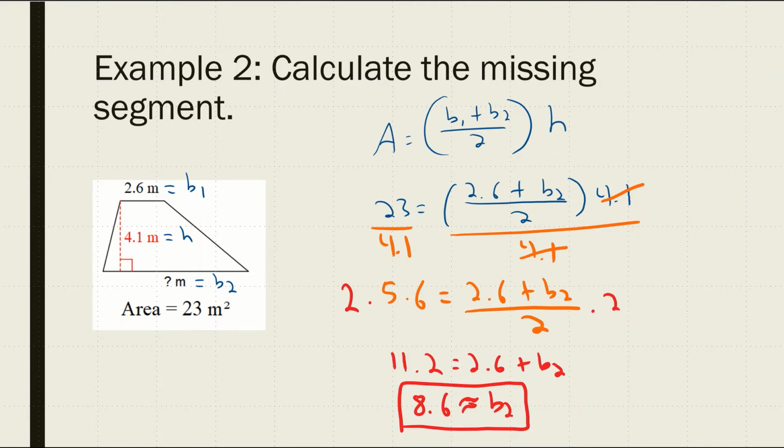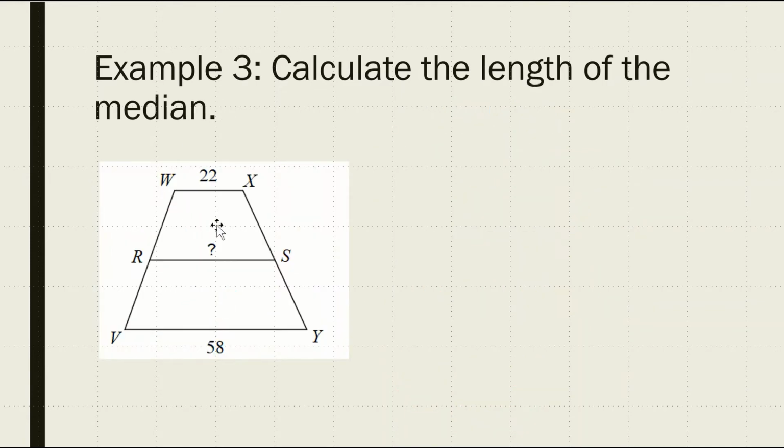Okay then, in this next example, we're going to try to figure out what the length of the median is. And remember that the median is the two bases added together divided by 2. It's just the average of the bases. So we can plug in B1 and B2 and figure out what M is.